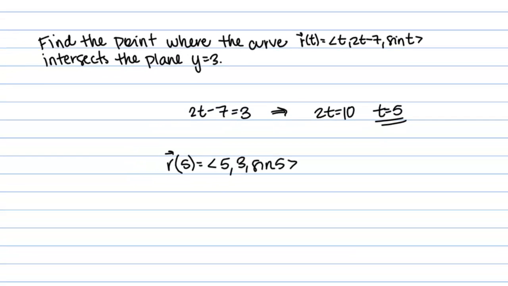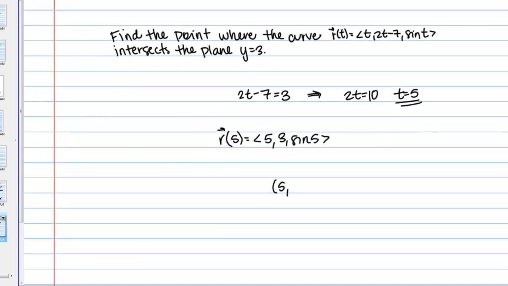And then finally, just to finish things out, I would just write this as a point, since we're asked specifically to find the point. And that's all there is to it. This is the point where our curve r of t intersects the plane y equals 3.